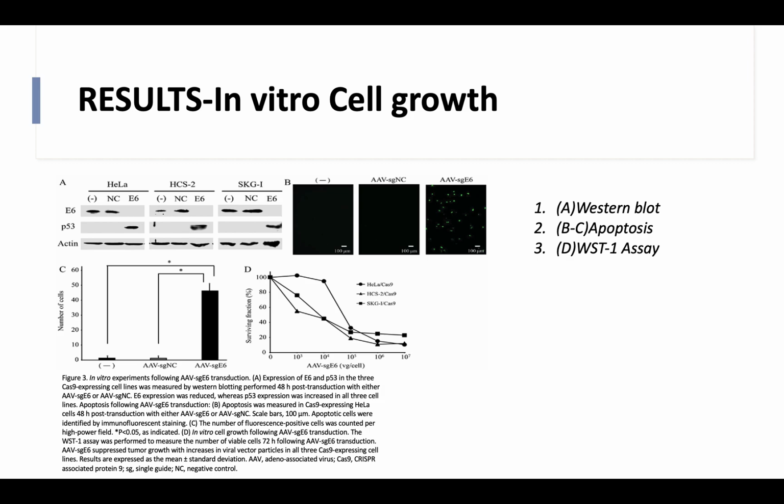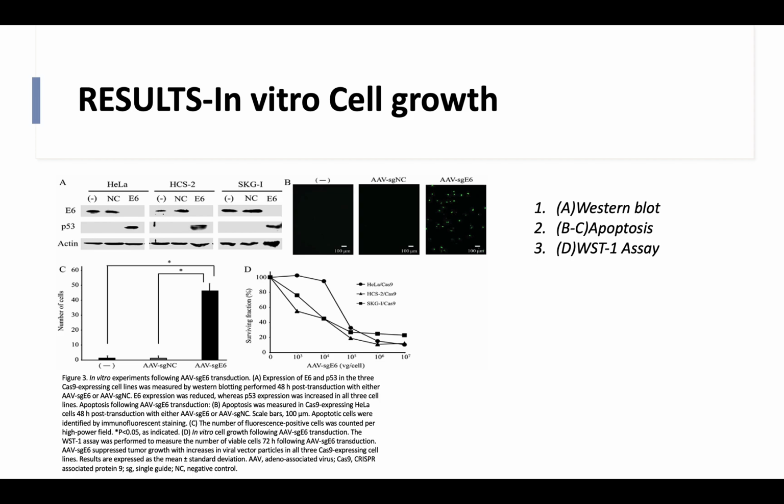Figures B and C show us that E6 targeting CRISPR-Cas9 induced apoptosis in tumor cells in vitro. Apoptotic cells are stained with immunofluorescence staining, and the number of cells was counted in a high-power field. This is why we can observe a high number of cells in vector E6 as compared to the negative control, since no apoptosis is occurring.